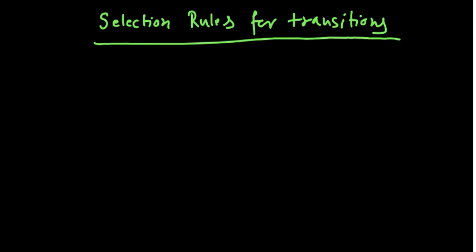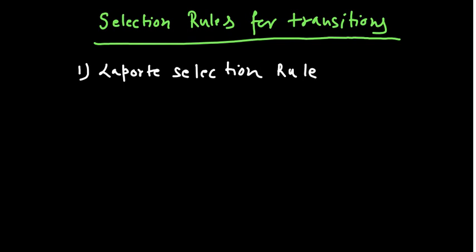First is the Laporte selection rule. What the Laporte selection rule says is that delta lambda, if it is equal to 0 or plus minus 1, then your transitions are allowed.